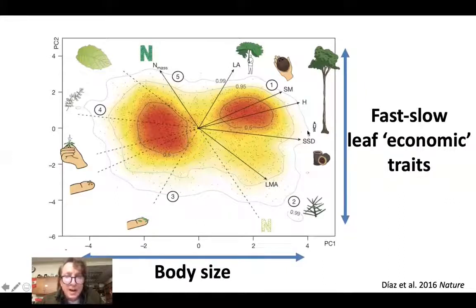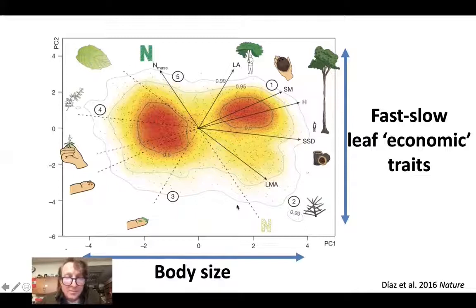What this blob reflects is the multivariate distribution. It's a measure of hypervolume, so think of it as a hypervolume of how all these different species are arrayed in trait space. What you immediately see is that there are two major axes of how species differentiate from each other in trait space.